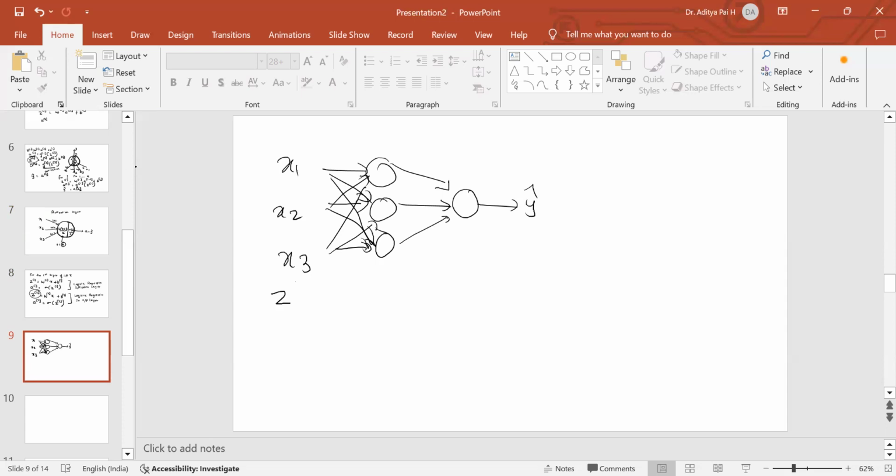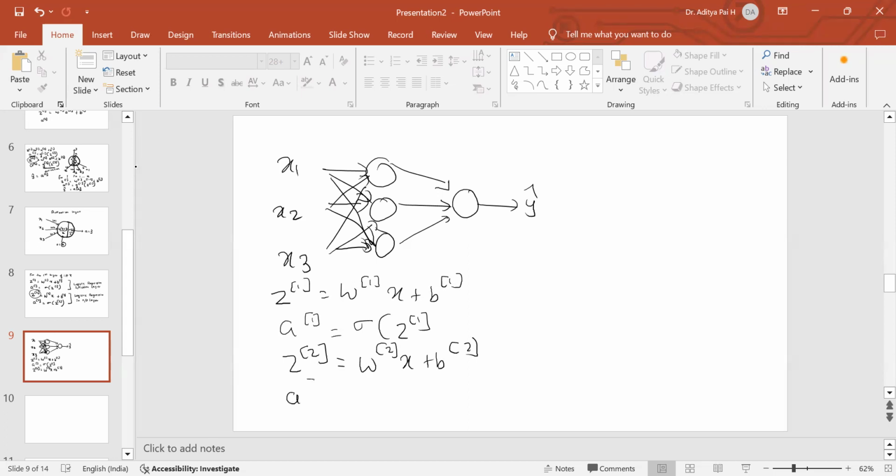So Z1 is equal to W1 X plus b1, and A1 is the output generated after the activation function is applied, sigmoid of Z1. Z2 is the output generated for the second layer, W2 X plus b2, where A2 is the sigmoid function applied to Z2.